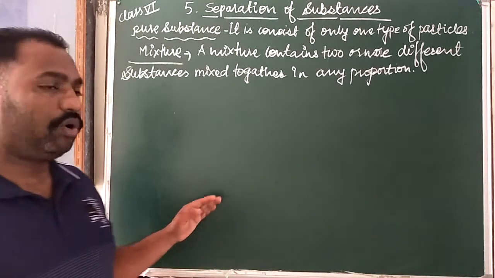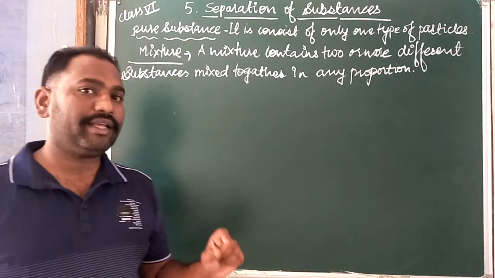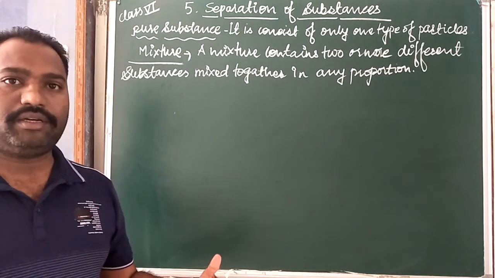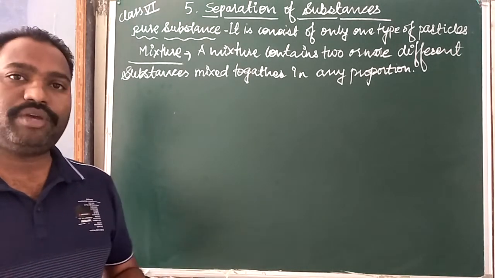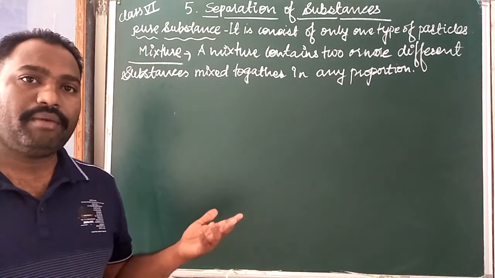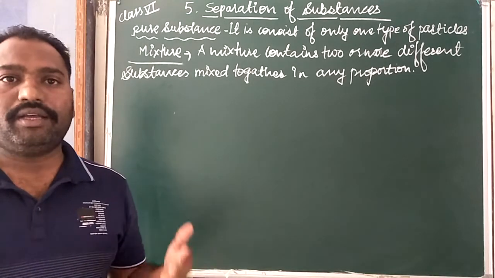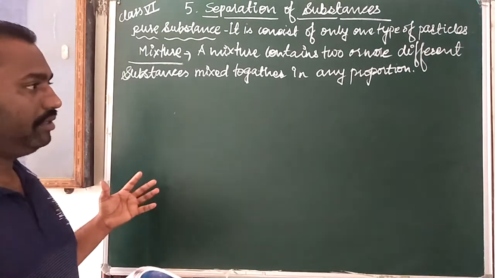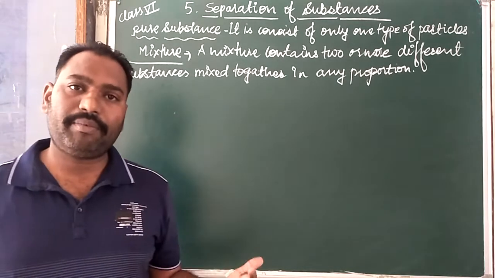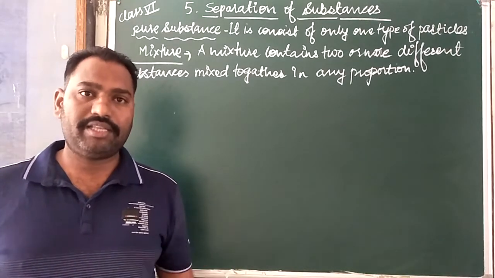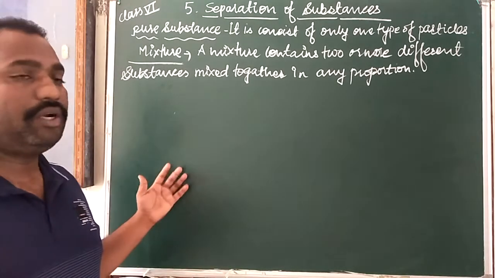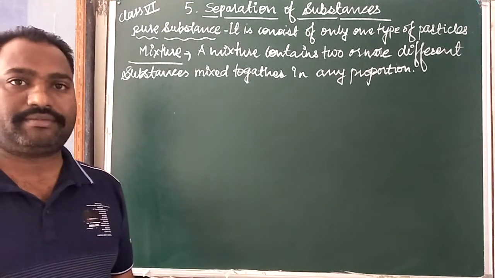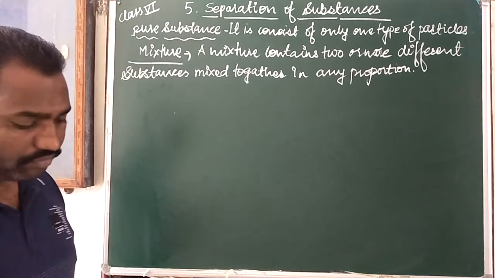Gold is present in very minute particles, mixed with impurities like rock salts, rocks, pebbles, and different types of soils, and also other metals that are less important for us. So this is the impure substance.